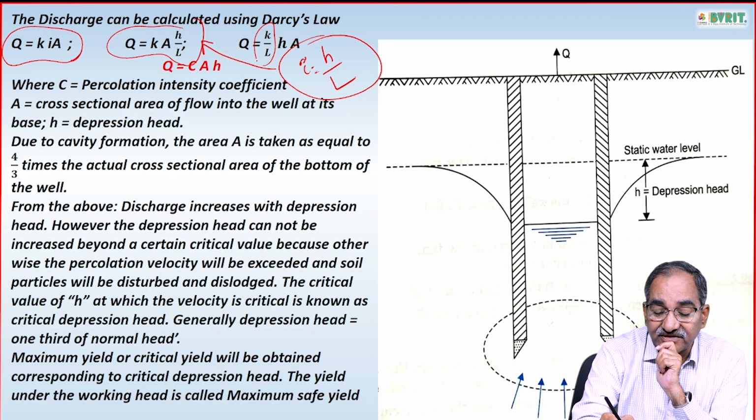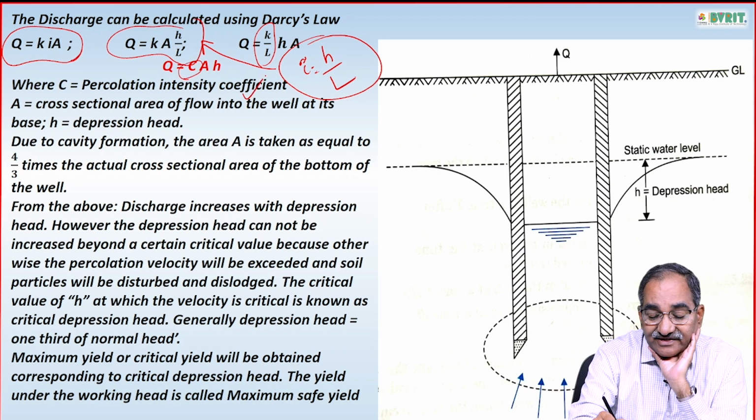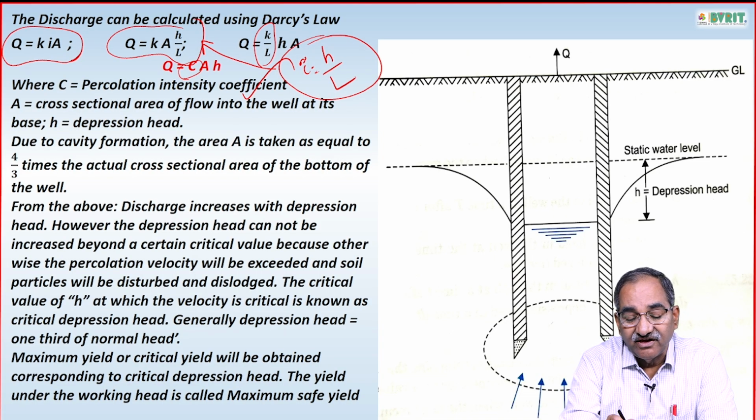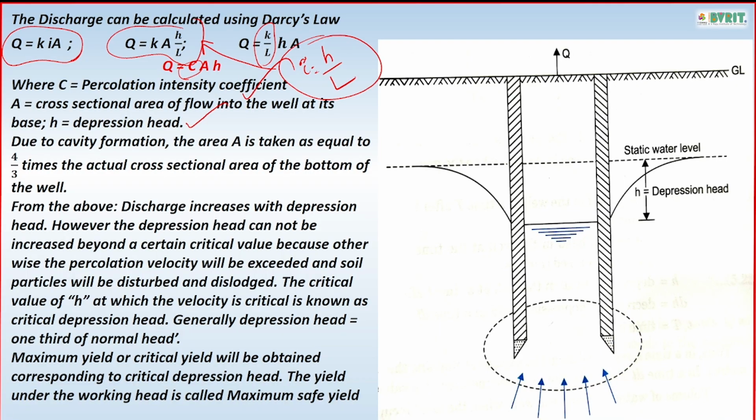K by L is what we call C. C is called the percolation intensity coefficient, A is the cross-sectional area of flow into the well at its base, and H is the depression head. So you can use directly Q is equal to C into A into H, and then you can find out the yield. What is C equal to? It is nothing but K by L. This is the basic thing.